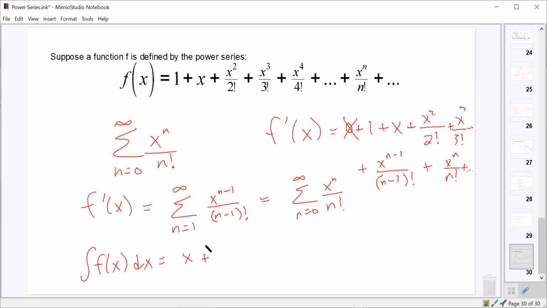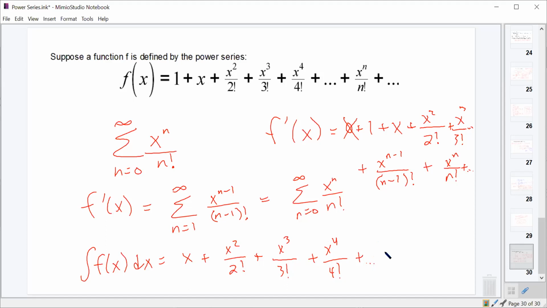Plus the integral of x is x squared over 2. 2 is the same as 2 factorial, right? And then what about the x squared over 2 factorial? Well, that should become x cubed over 2 factorial times 3, which would be 3 factorial. And the next one, x cubed, would become x to the 4th over 4 factorial, right? And so on, wouldn't it?